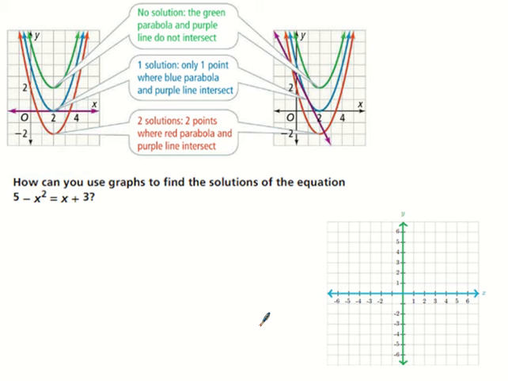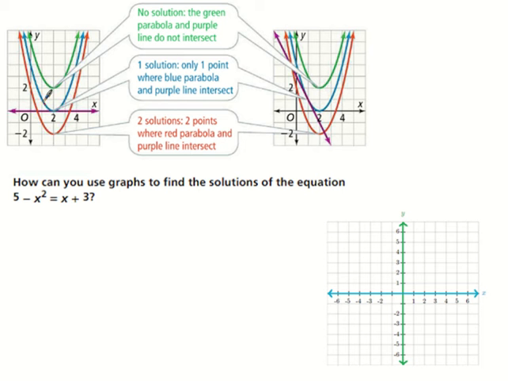I know it's a little hard to tell, but there's a purple line right here. That's my linear function. And then we have a green, a blue, and a red parabola to show you all the different kinds that you can have. If we used the green parabola with the purple line, we would say it's no solution because they do not intersect anywhere.